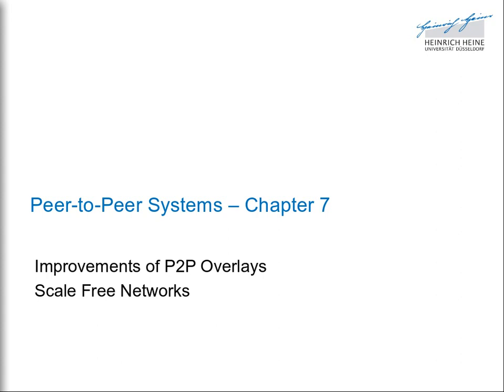In this lecture we want to learn about improvements of peer-to-peer overlays. So we don't look at more overlays, but improvements of existing ones. And in the second part, I want to talk about scale-free networks, so which possibilities exist to model large-scale networks.